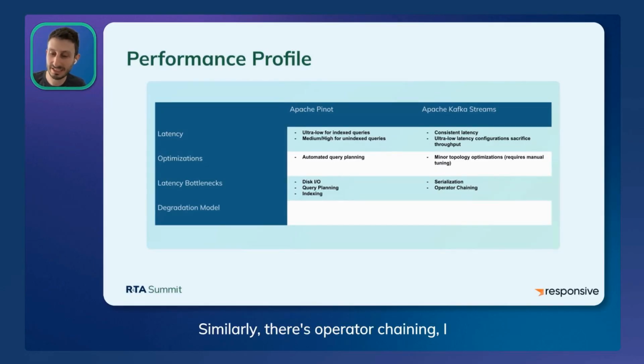Similarly, there's operator chaining. I mentioned that there are commit intervals where you'll only see data after a certain amount of time. The more of them you chain together, the more this latency bottleneck compounds. So if you have 4 or 5 stream processors backed up one after the other, you might introduce a significant amount of latency.